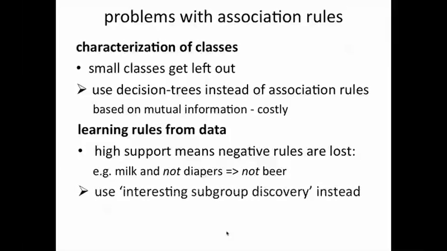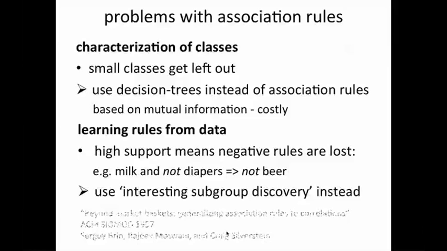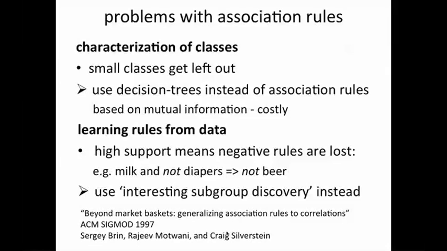In such situations, one does something a little different, and techniques called interesting subgroup discovery are used instead. They're very similar to association rules. However, instead of relying only on high support, they look for correlations in the data. One of the earliest papers that talked about this concept was one in 1997 by Sergey Brin, Motwani and Silverstein.